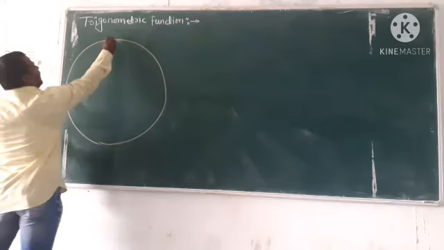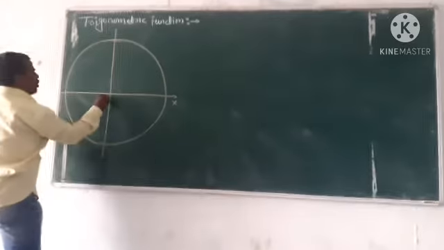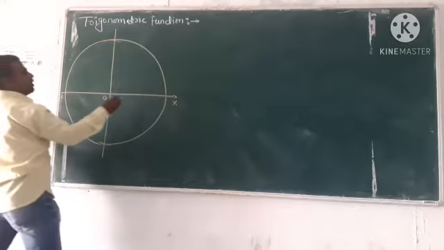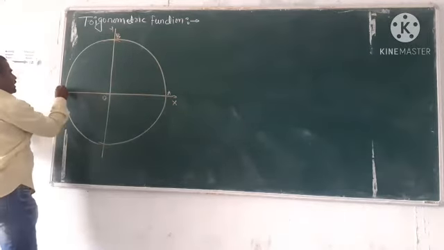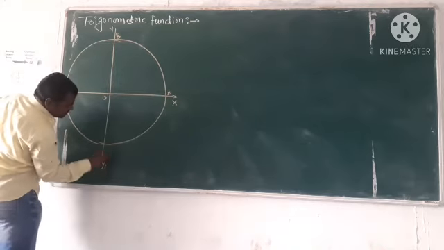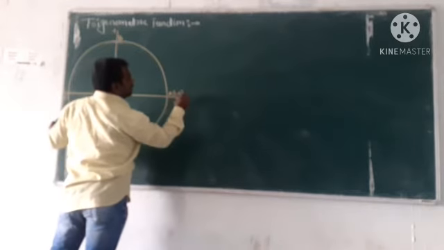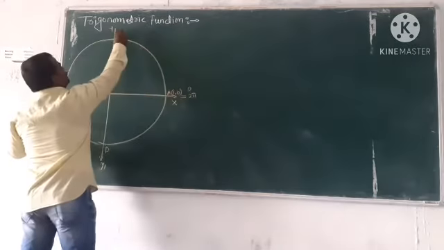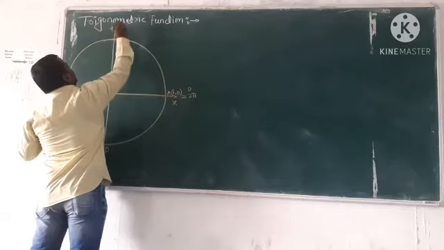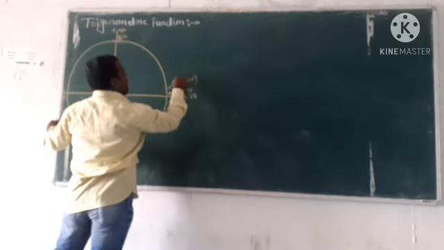So cos 0, sin 0 is the point (1, 0), and that part is very clear.